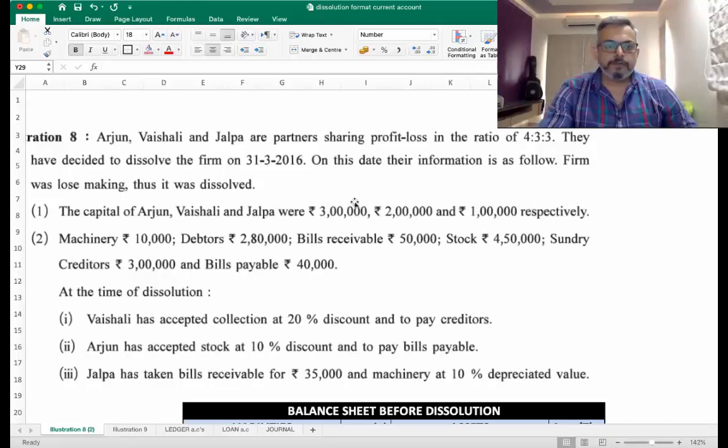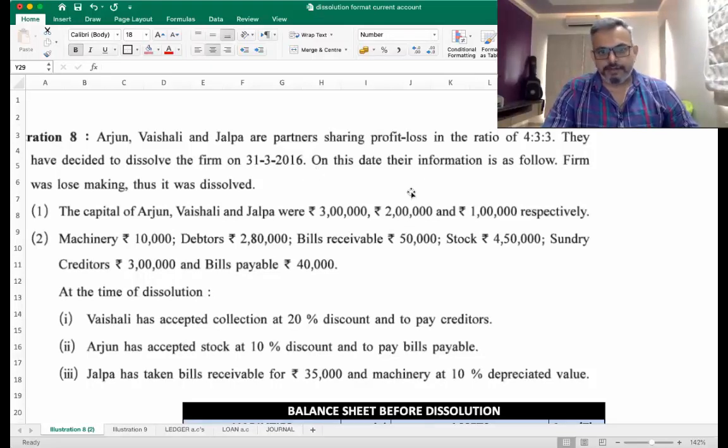Now Arjun, Vaishali and Jalpa are partners sharing profit and loss in the ratio of 4:3:3. They have decided to dissolve the firm on 31/3/2016.